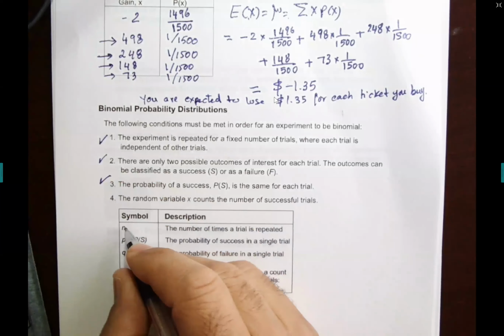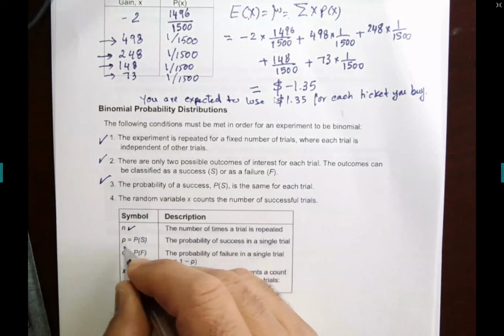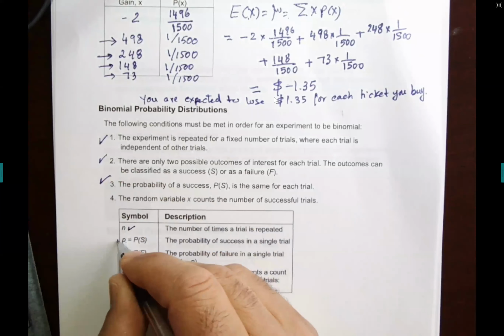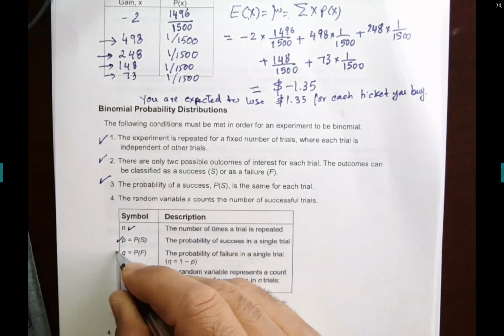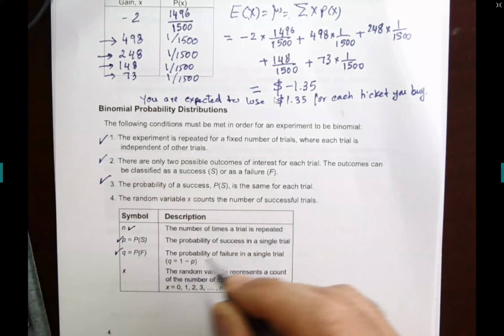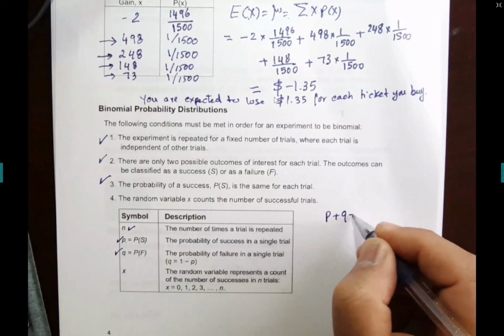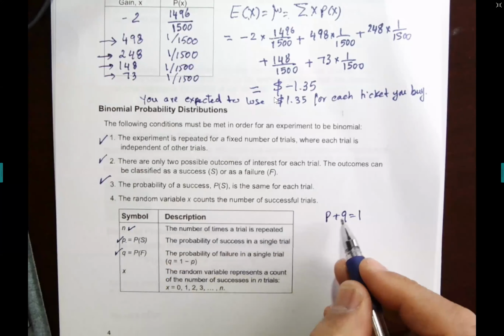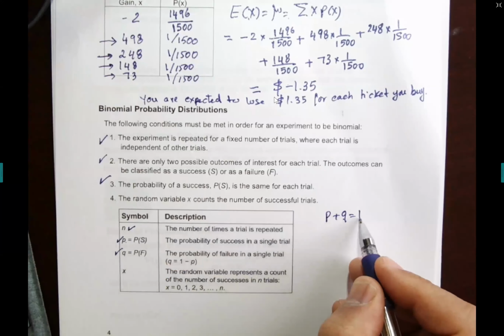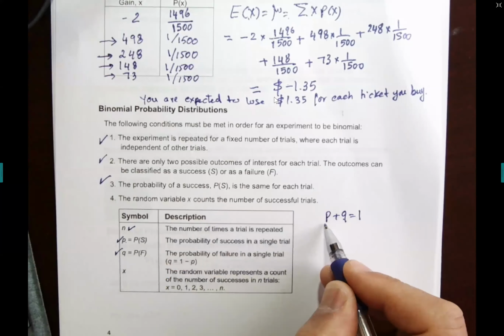They call the number of trials n. They call the probability of success p, and the probability of failure is q. And the relationship, guys, between p and q is p plus q equals 1. Probability of success plus probability of failure is always equal to 1. For example, the chance of rain today is 70%.